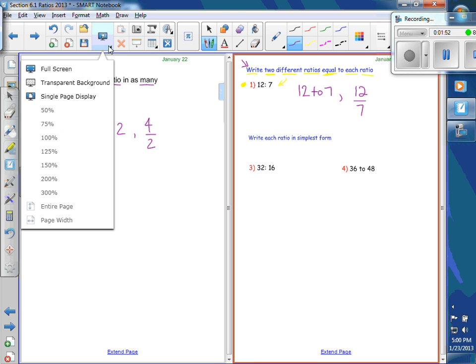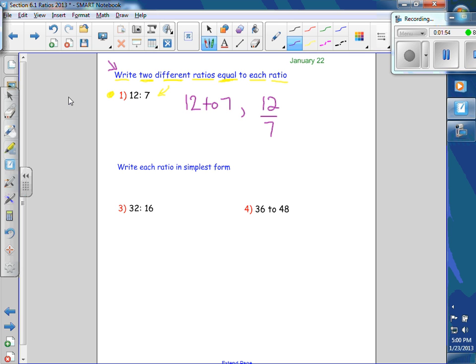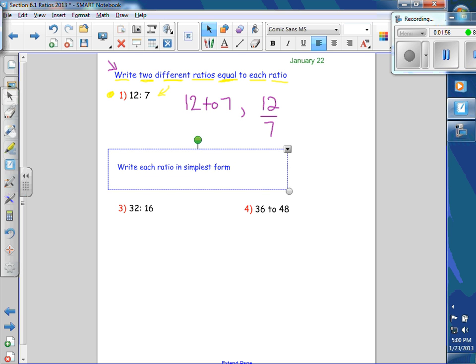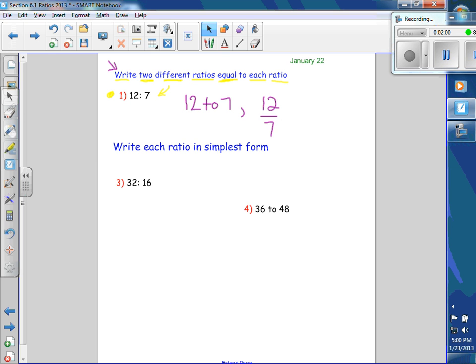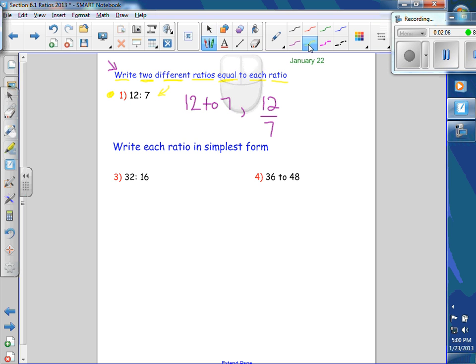Similarly, another set of directions in your textbook that you might see is to not just have you write ratios in different forms, but to actually have you write ratios in simplified form. So when you see the word simplified or simplest, you have to think all the way back to fractions.